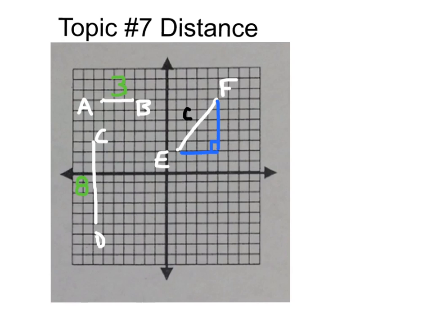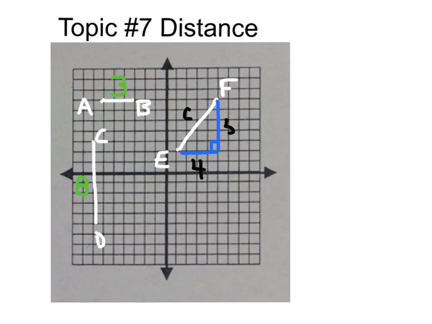We can count how far it is on both legs of that triangle. This is 1, 2, 3, 4 spaces. And the height of that triangle is 1, 2, 3, 4, 5.